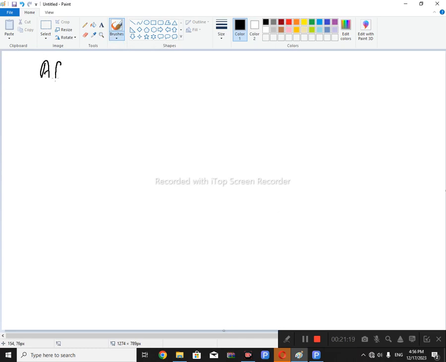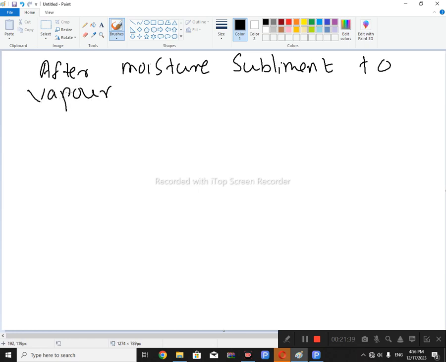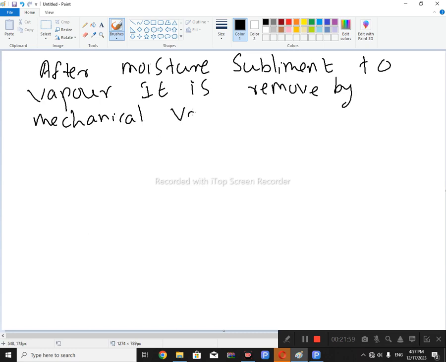After moisture sublimates to vapor, it is removed by a mechanical vacuum pump or steam jet ejector.